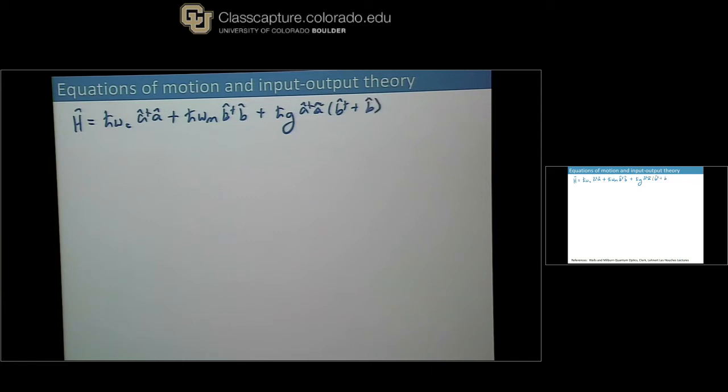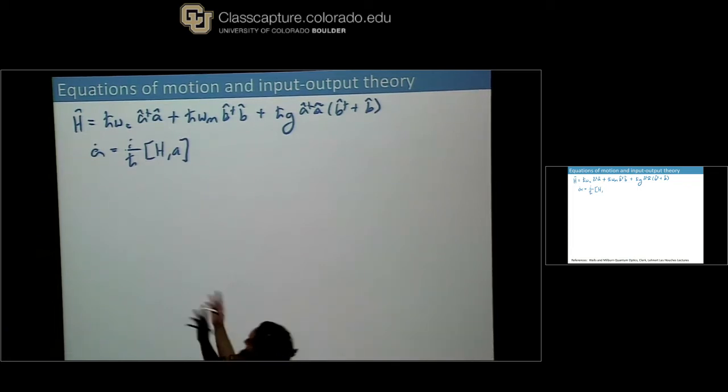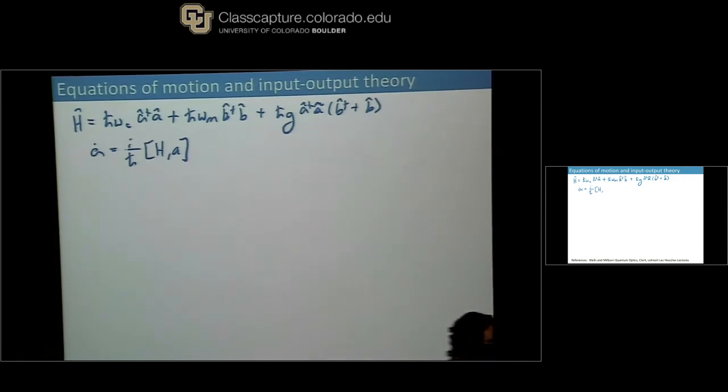Okay, and so our equation of motion will just be this guy here. I'm dropping the hats for now. So the time variation of A will go as that commutator.